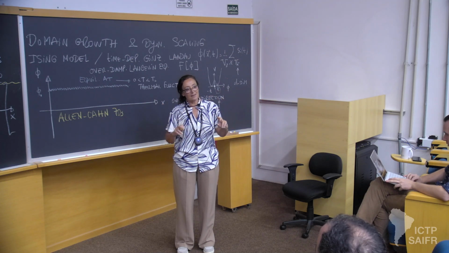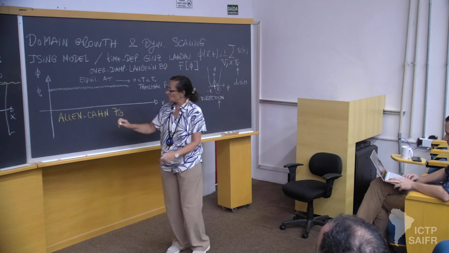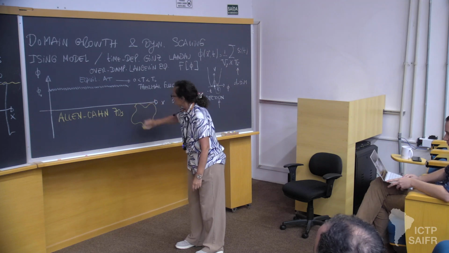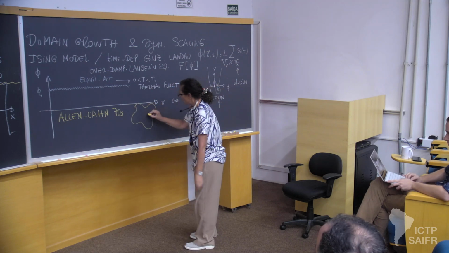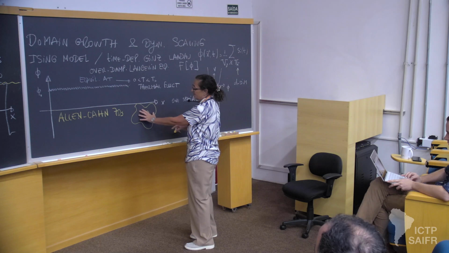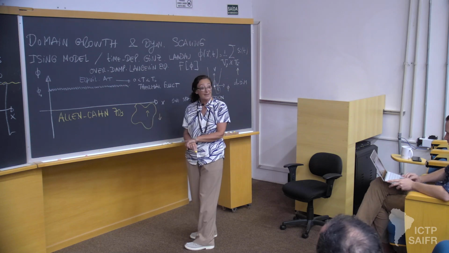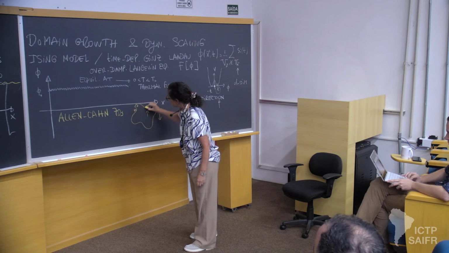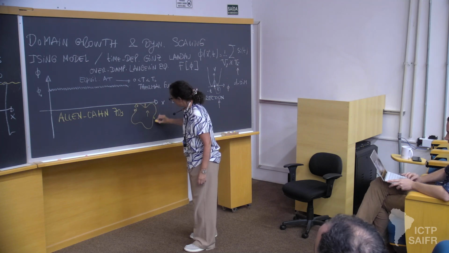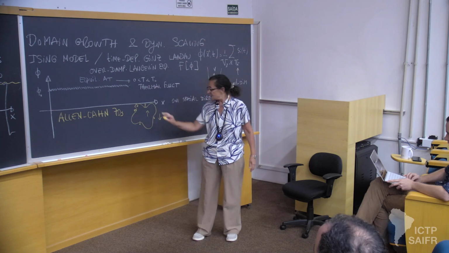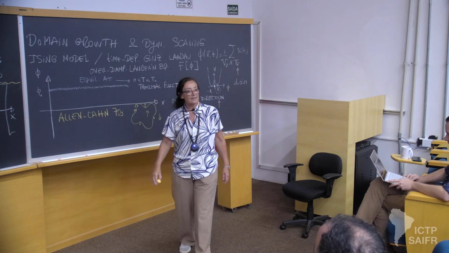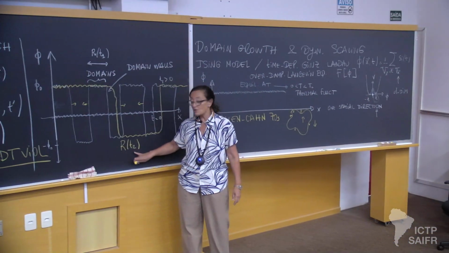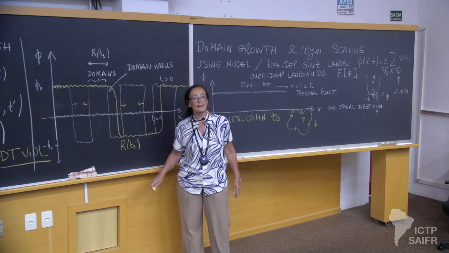What they showed is that in 2 dimensions, I'm drawing in 1 because it's easier, but in 2 dimensions, say that you have a plot where you have positive magnetization here and negative magnetization there. What they proved is that the walls move in the direction of decreasing the curvature. So this is Allen-Cahn from the 70s. And then from there you can estimate the functional form of this R of T that I will give you now in a second.